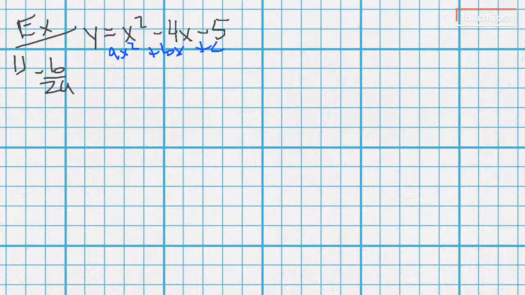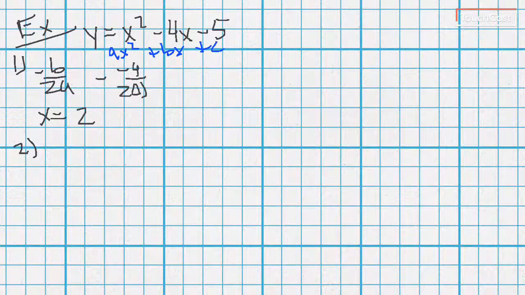So we're going to take negative 4. So we've got negative 4 over 2 times 1. So our axis of symmetry is x equals, well, when we take the opposite of a negative, we're going to get a positive. 2 times 1 is 2, and 4 divided by 2 is going to be 2. So our axis of symmetry is going to be at x equals 2.